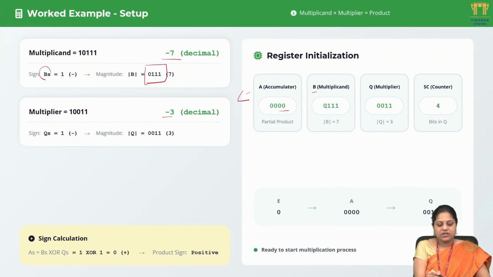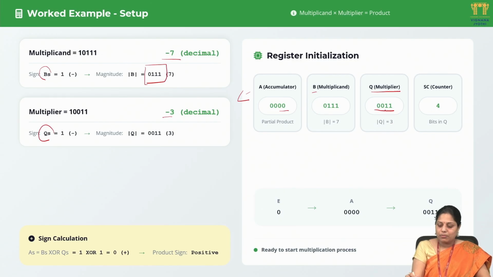If it is positive 7, BS will be 0, but there is no change in register B. Next I initialize register Q with the multiplier, 0011. Whether it is positive or negative, the value of Q doesn't change; you change only the flip-flop QS. So here I am initializing Q with 0011, the binary value of 3.